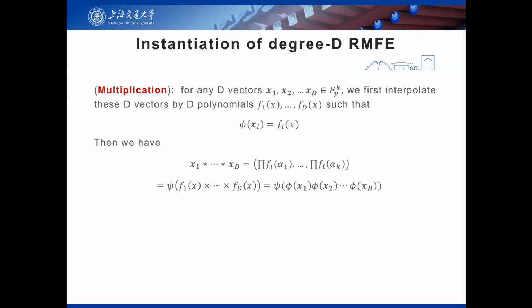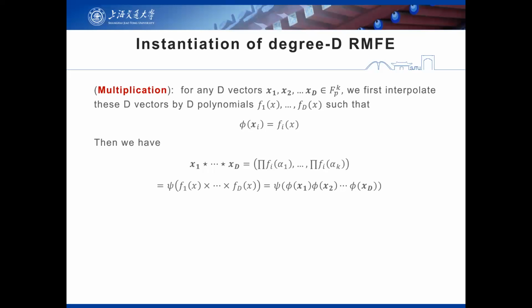Okay, then we just consider the multiplication. How does the multiplication work out? For any d vectors x_1 to x_d, we first do the interpolation and obtain the d polynomials f_1 to f_d, where f_i(alpha_j) equals the j-th component of x_i. So this d-fold component-wise multiplication, we can think of it as the product of d polynomials evaluated at alpha_1, alpha_2, up to alpha_k.